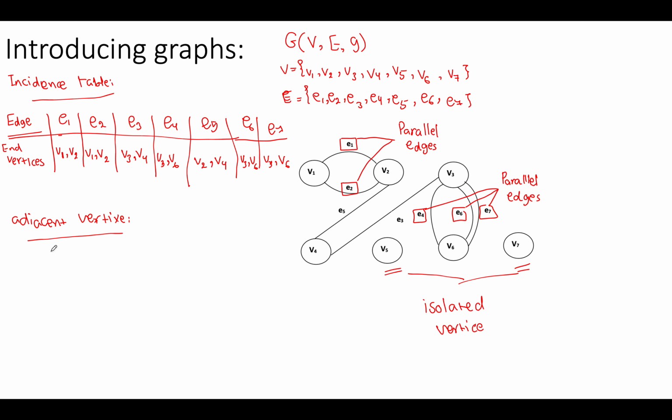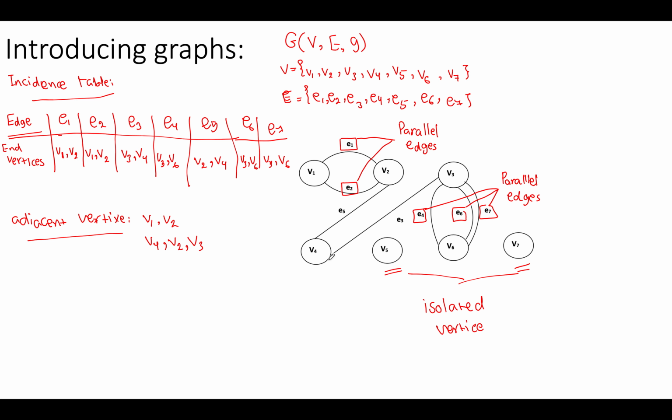So we can see here that V1 and V2 are adjacent vertices, or we can say that V1 is adjacent to V2. Here we got V4 is adjacent to V2 and V3, which means that there is an edge connecting those vertices, and we can apply this concept to the whole graph in here.